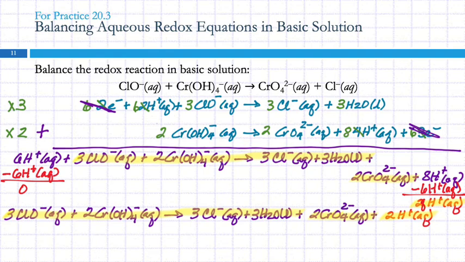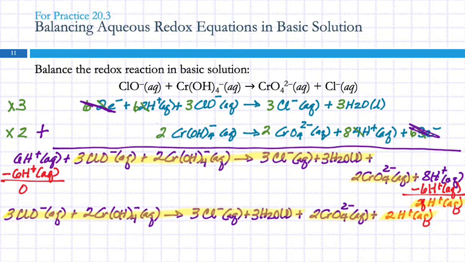That is the correct balanced equation for an acidic solution. How do we do it for a basic solution? Yeah, we have to get rid of the hydrogen ions by adding hydroxide ions. So I have 2 hydrogen ions over here. Let's see, what color haven't I used?